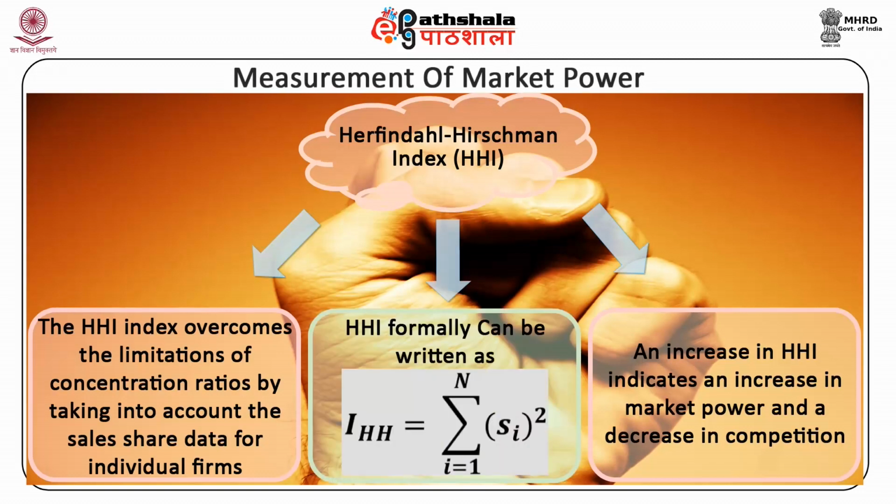Formally, HHI is equal to summation Si square, where i goes from 1 to n, where HHI is the Herfindahl-Hirschman index. An increase in HHI indicates an increase in market power and decrease in competition.